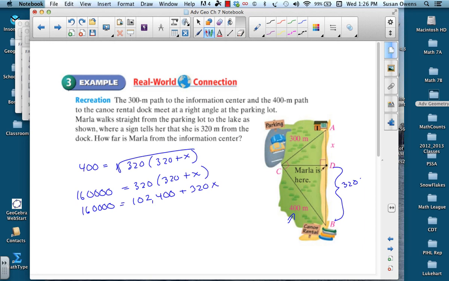And then if I take the 160,000 minus the 102,400, I get 57,600. And now I just have to divide by the 320. And x equals 180. So my distance here is 180 meters.